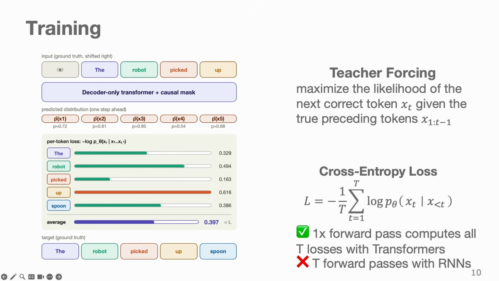And the nice thing about this whole operation is that we just need one forward pass to compute all sequence losses with a transformer, whereas with RNNs we would need to do one forward pass for every token.